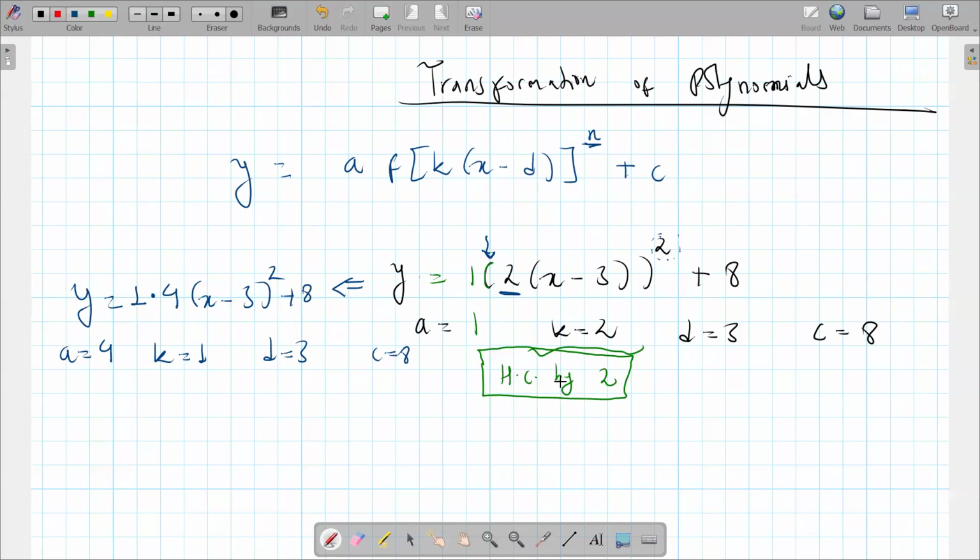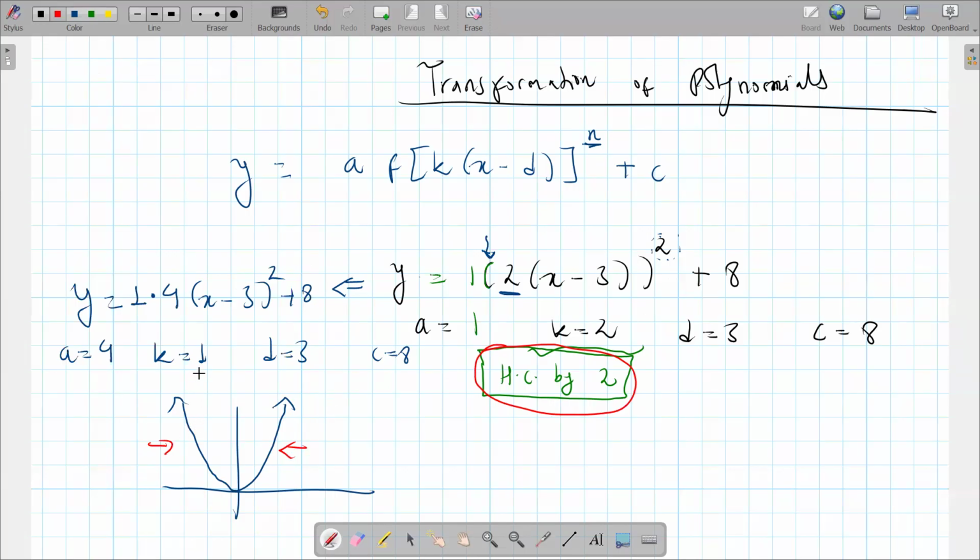So here's the point I was trying to make. For a quadratic function, power 2 function, horizontal compression by a factor of 2. What does horizontal compression even mean? Compression means it's shrinking inwards. So let's say this is the parent function. A horizontal compression of 2 means it shrinks. All the x values shrink, y values stay the same.